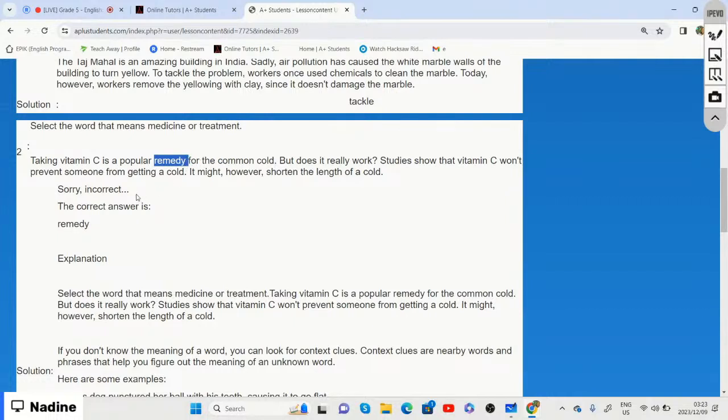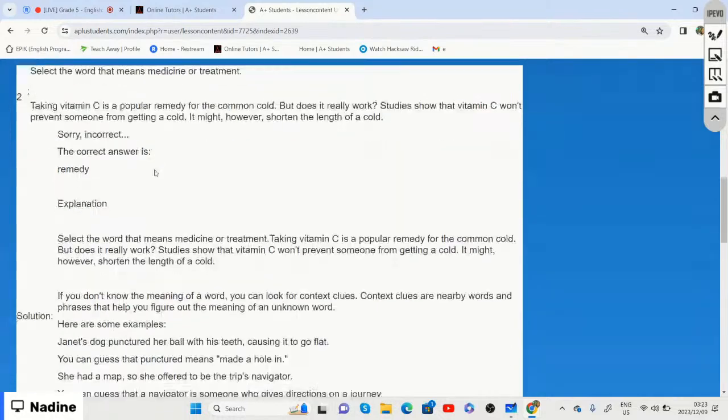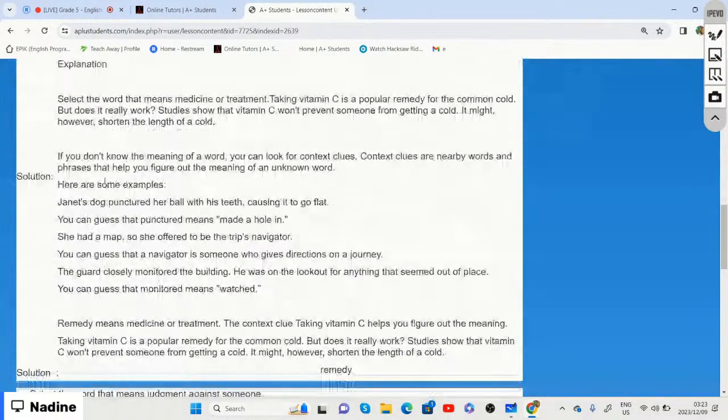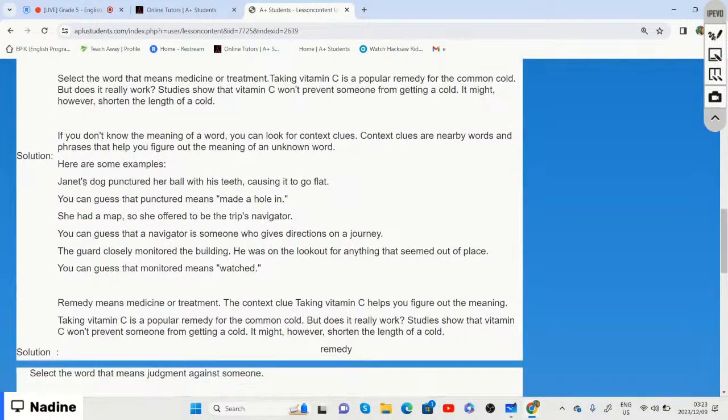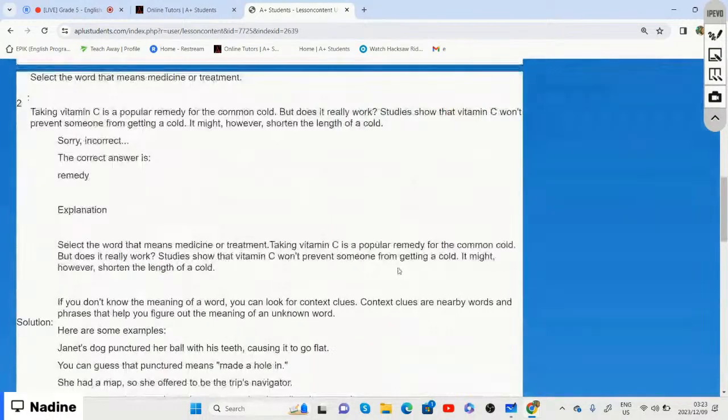Remedy either means medicine or it's a form of treatment. Glad we picked that up. We already did that, and we said it is medicine.